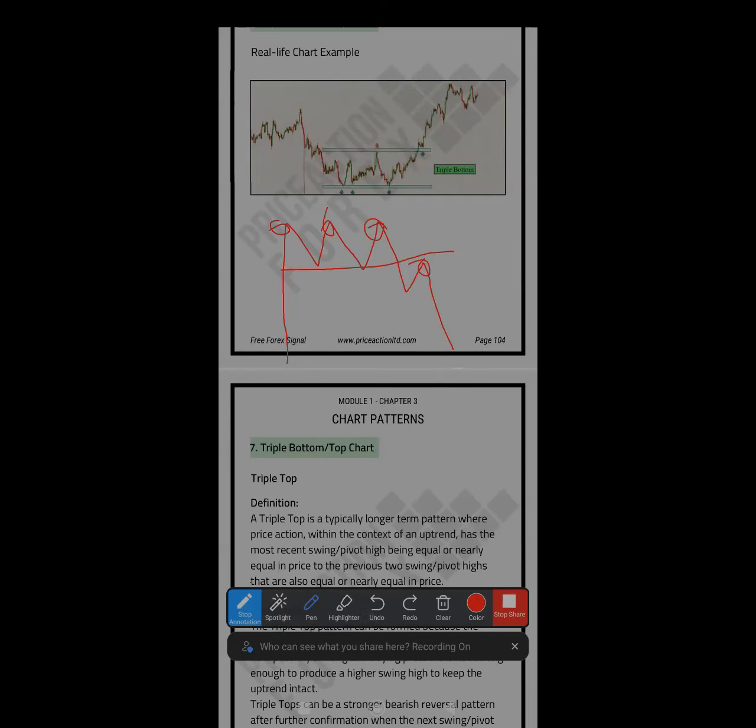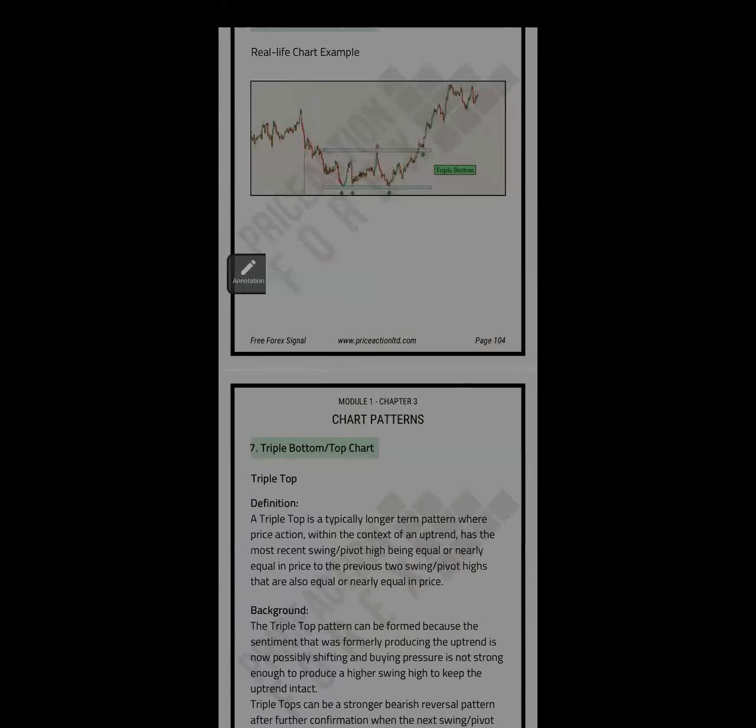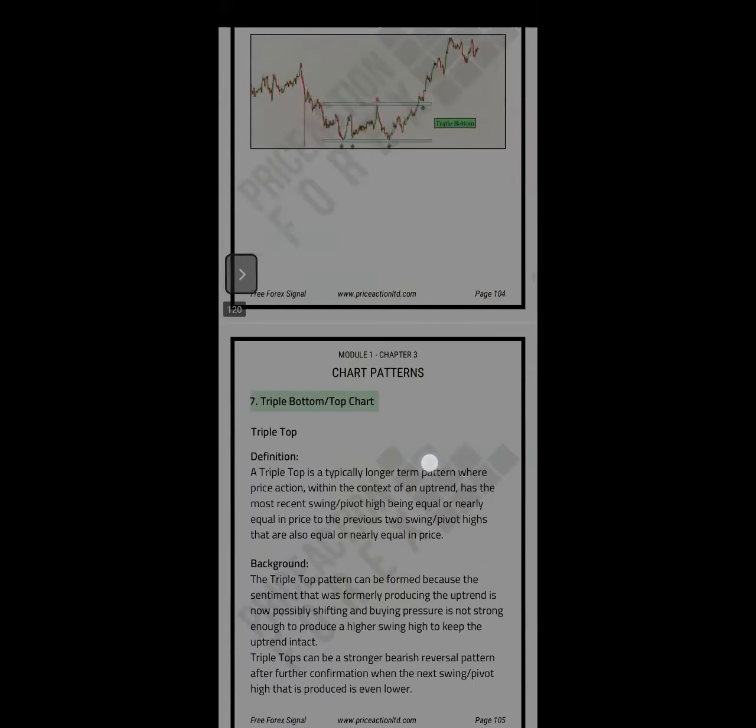So if you understand the double bottom and the double top, you won't have to struggle understanding a triple top and triple bottom.